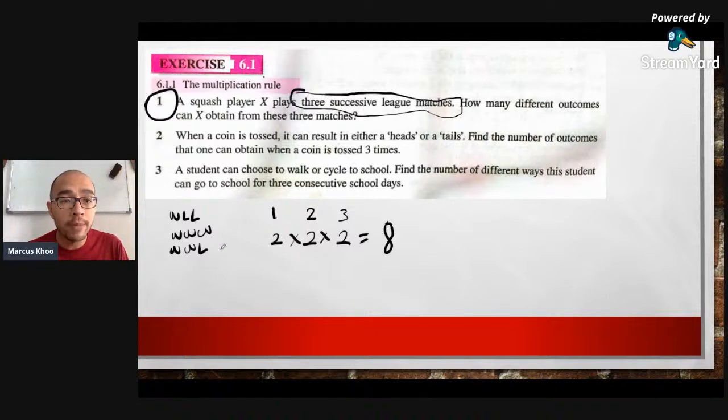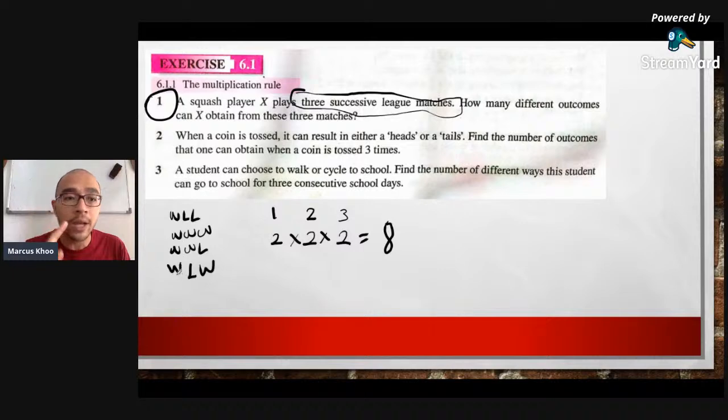So one of the outcomes is this, win, lose, lose. Itu satu kemungkinan. Win, win, win is another kemungkinan. Win, win, lose is another. Win, lose, win is also another. Notice that although he lost only once, the order of the loss is important. Okay, this is permutation, very important.